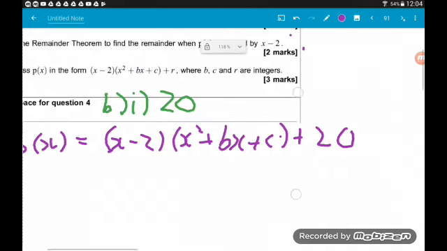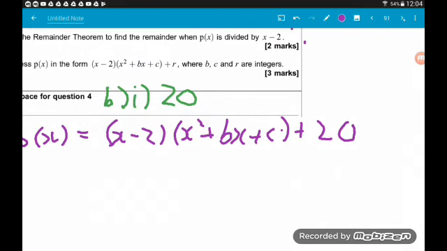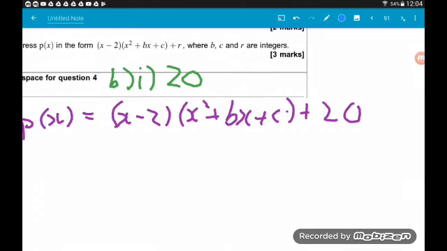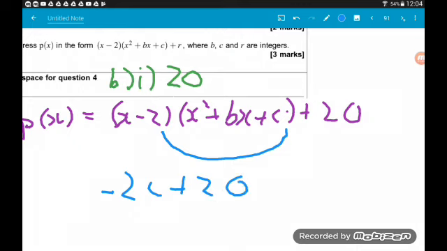Now, up in p of x we know the constant term, so the number at the end with no x attached, is 48. If we were to expand all of this, the constant would come from doing minus 2 times c and then plus 20. So we know minus 2c plus 20 has to give us the same constant as we have at the top, which is 48.